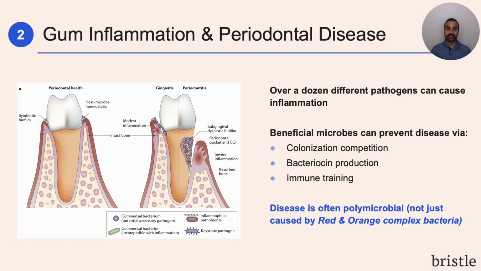For gum inflammation and periodontal disease, it's a very similar story to tooth decay and caries in that the disease is polymicrobial. Beneficial bacteria can help mitigate the disease from progressing, but there are over a dozen different pathogenic species that can cause inflammation, and it's not just the red and orange complex ones.